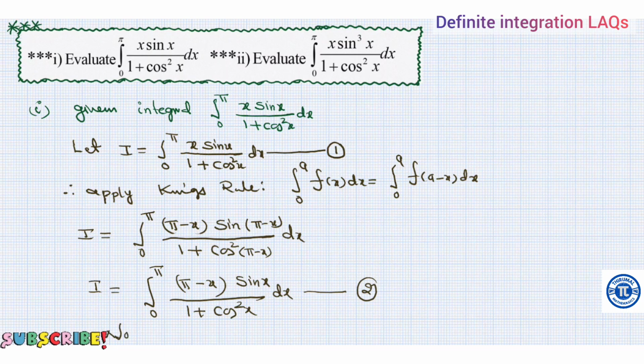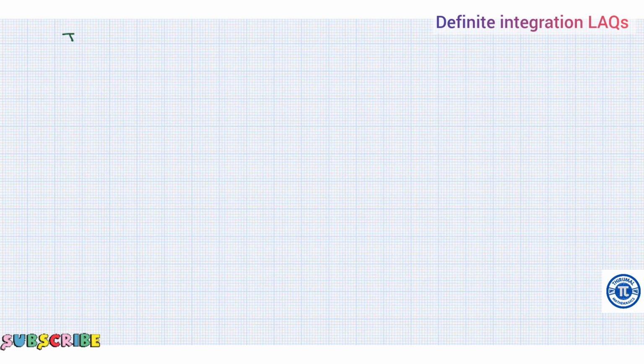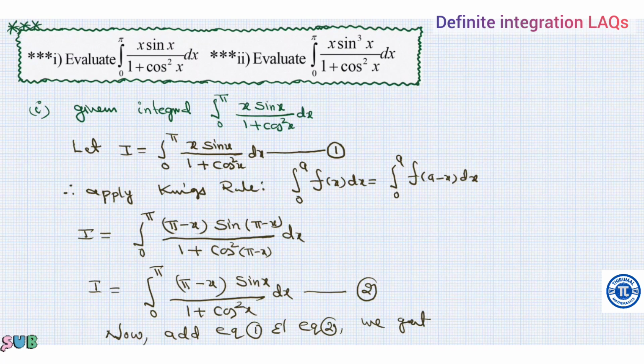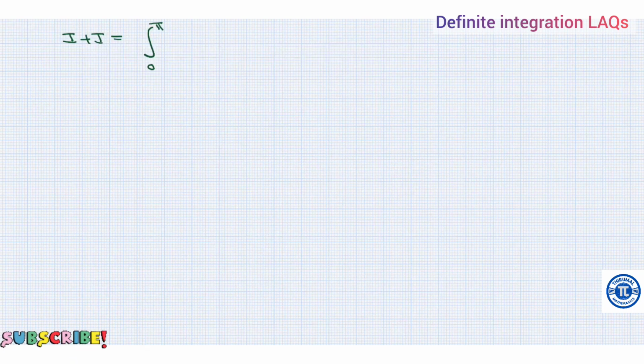Now add equation number 1 and 2, then we get on the left side I plus I is equal to the integral from 0 to pi, a common term in both equations. The denominator of both equations is the same, so the LCM is 1 plus cos square x.